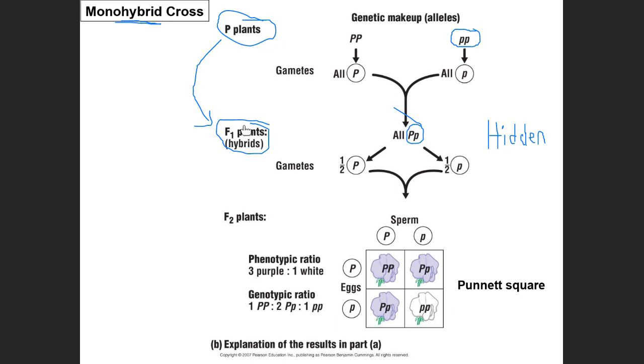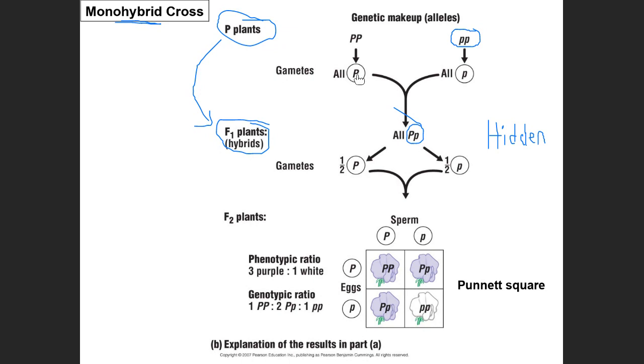So what geneticists discovered is that the reason why the F1 generation only produced purple flowers was because they were all heterozygous dominant. And this dominant allele coded for the dominant phenotype, purple flower color. But that didn't mean that the information for white flower color was lost. It was hidden, but it was hidden in a recessive allele, which they now signify as lowercase.